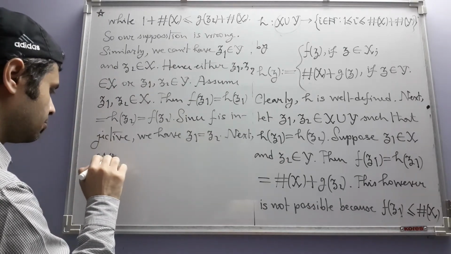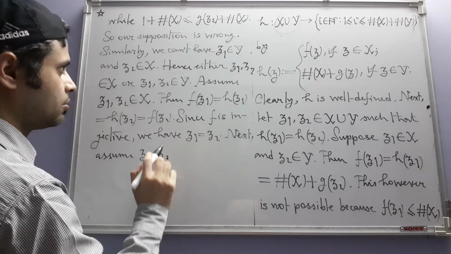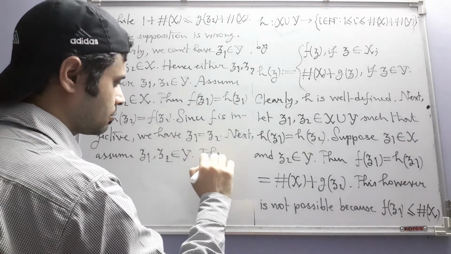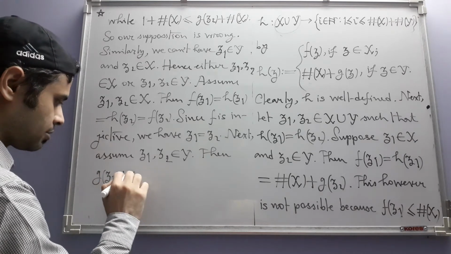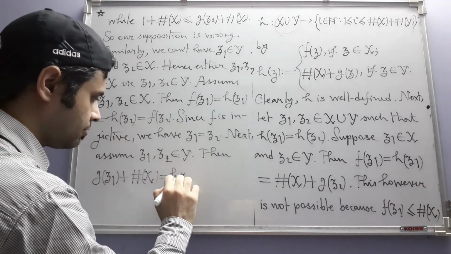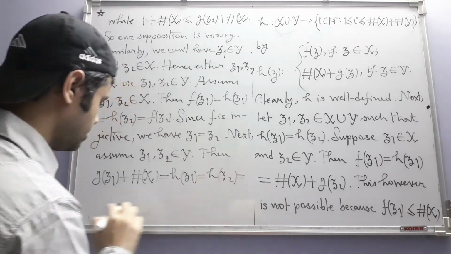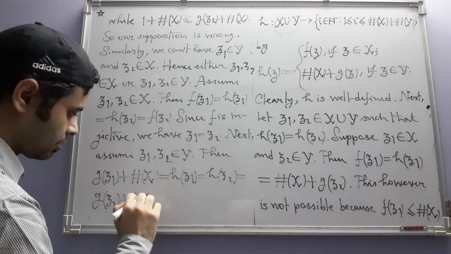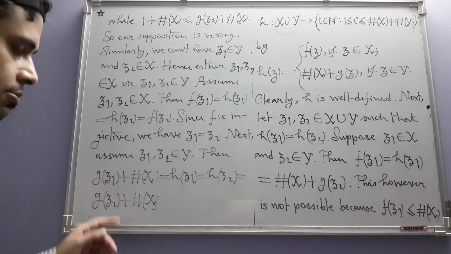Next, assume that Z1 and Z2 both belong to Y. Then G of Z1 plus cardinality of X is H of Z1, which is equal to H of Z2, and this is equal to G of Z2 plus cardinality of X. So we can cancel this from both sides and have G of Z1 equal to G of Z2.